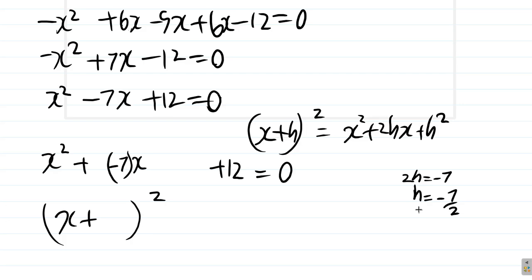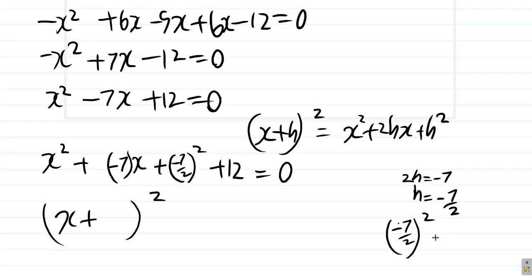Alright? So now we add the h squared. This h squared, we're going to add it here. And this will give you h squared, which is -7 over 2 squared. Alright? So this is plus -7 over 2 squared.